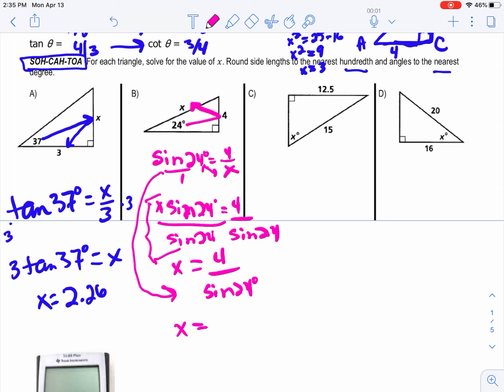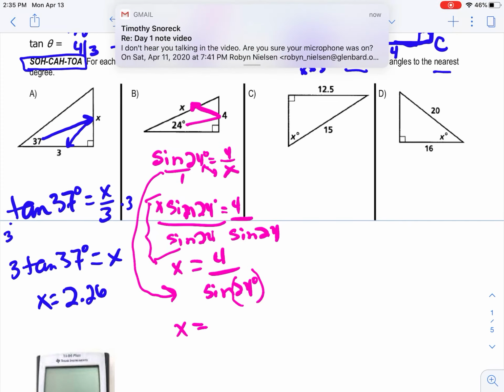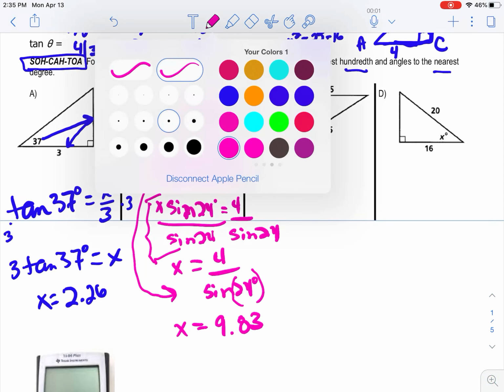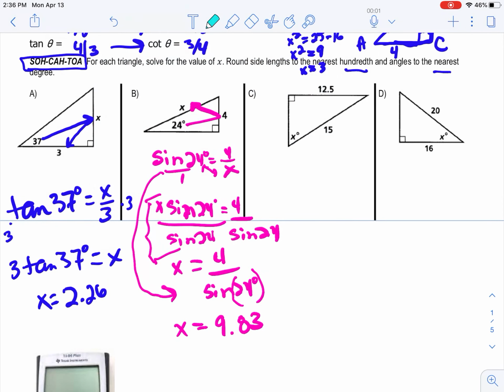Okay. Remember that when you use sine in your calculator, it really does like parentheses. So 4 divided by sine of 24, end your parenthesis, and you get 9.83. Hopefully you can see the square.